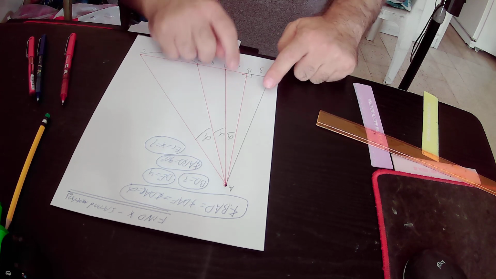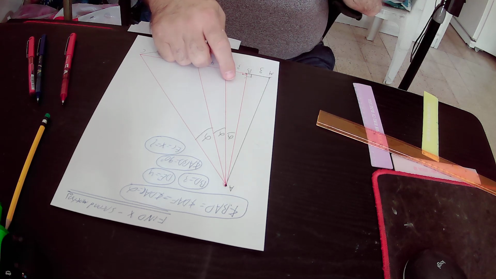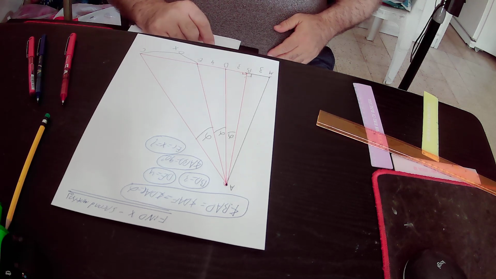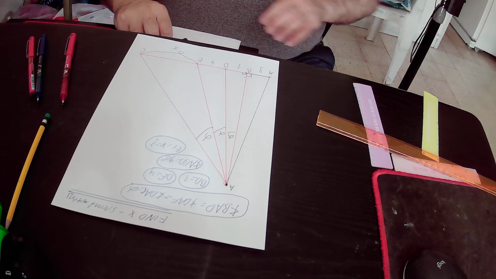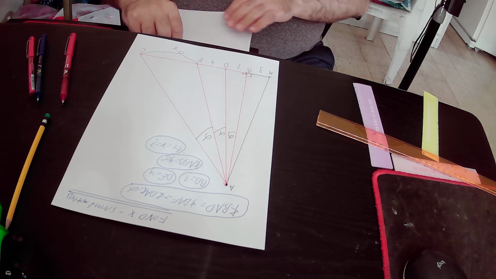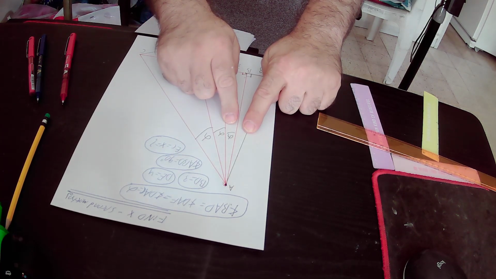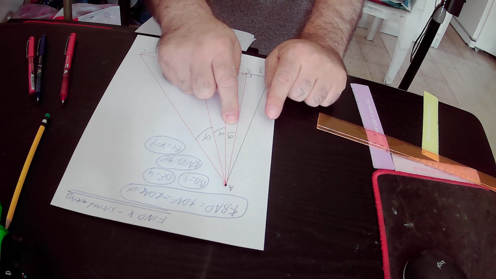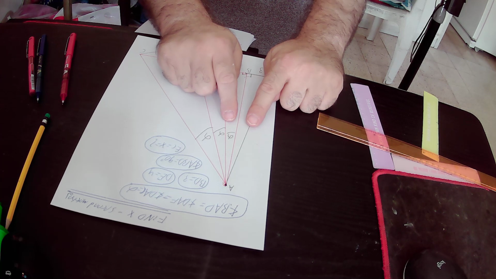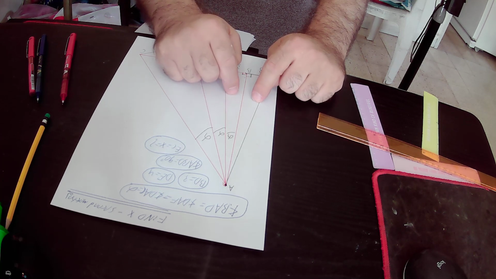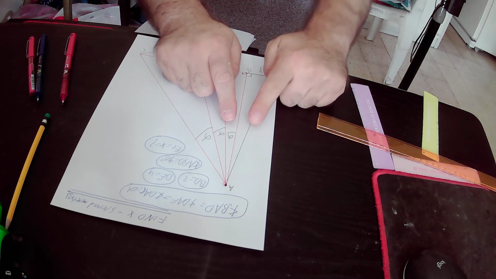Therefore, those two triangles are congruent according to the side-angle-side rule. So from the fact that they are congruent, we can derive that those two angles are equal, according to the rule that corresponding angles in congruent triangles are equal. Therefore, the corresponding angles will also be equal to each other.